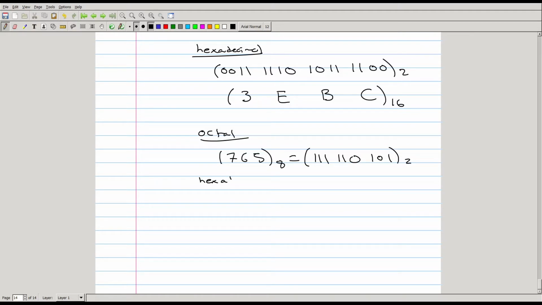And for hexadecimal, if you have the number ABD, this is going to be equal to 1010 1011 1101, base 2. So because of these nice relationships, there's no need to convert from octal to decimal and from decimal to hexadecimal. You can just go straight between any one of these, which is very, very neat.